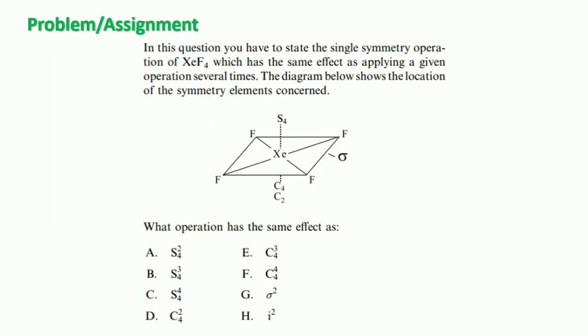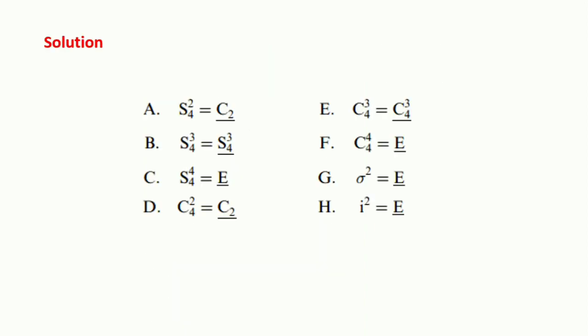We know that if we apply S4 two times, we will get the same operation as performed by C2. S4 thrice is a unique one, so S4 thrice is equal to S4 cubed, while S4 four times is equal to identity, because if we apply S4 four times, we will get the identity.